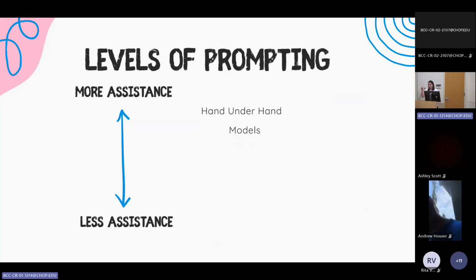The next kind of bump down from that in terms of prompting is modeling language. So just by a quick show of hands, how many families model language throughout the day on their device, on their students' kids' devices? Model language, like you guys are pushing the buttons. Good. Okay. That's a great number, actually.